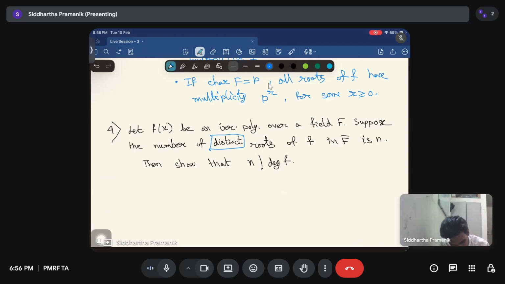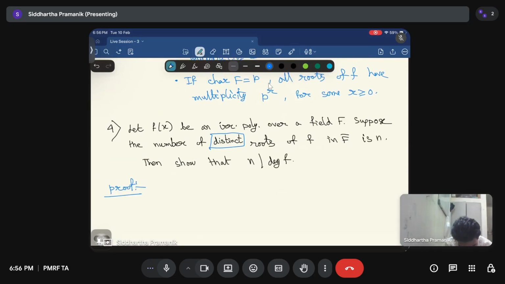So how to prove this? So we know that all the roots of f have the same multiplicity.